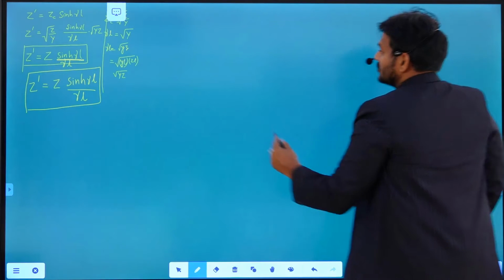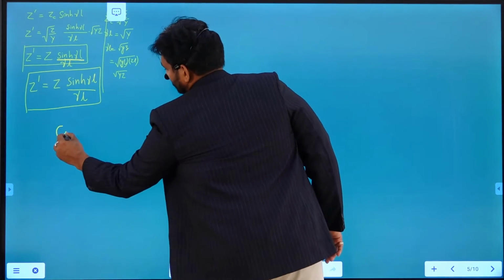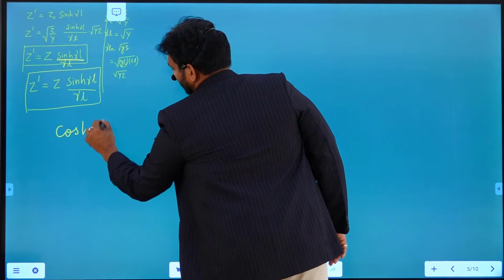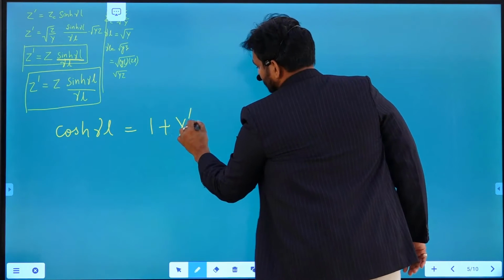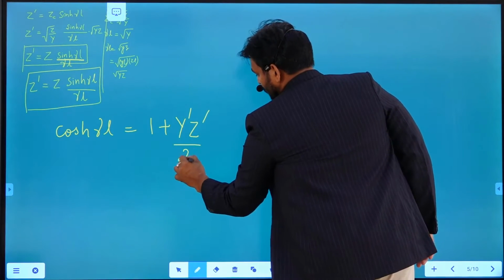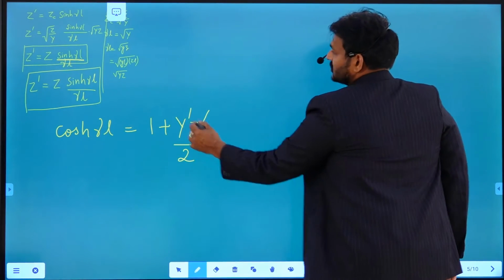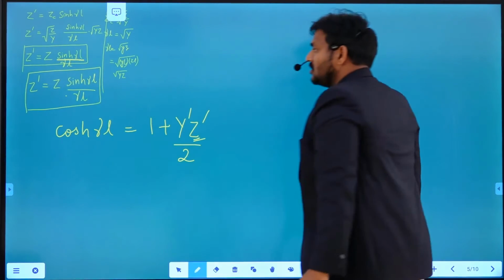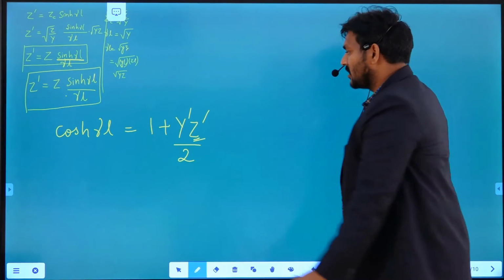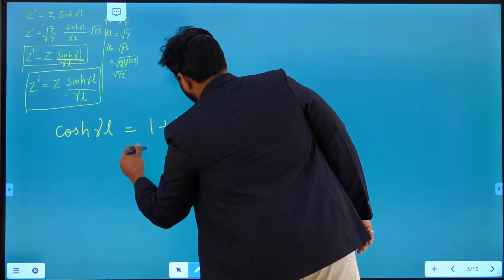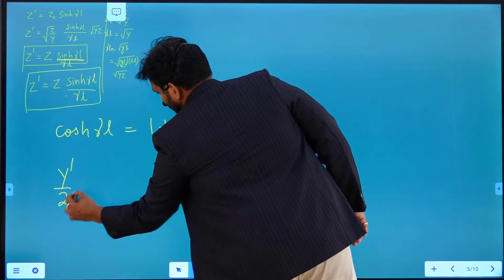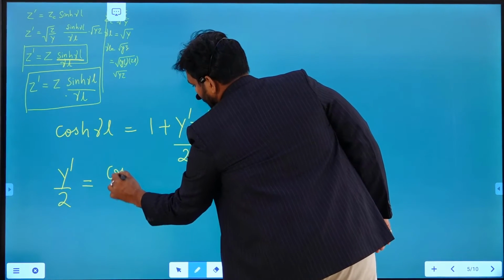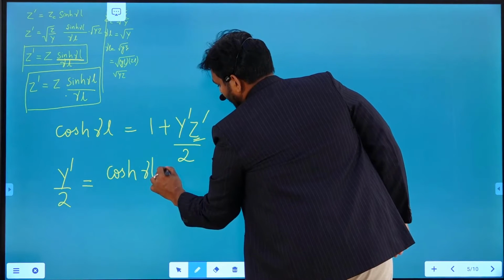Therefore cosh of gamma L is equal to 1 plus Y dash Z dash by 2. But what is Z dash? Z dash is Z into sinh of gamma L upon gamma L. Therefore you can write Y dash by 2 is equal to cosh of gamma L minus 1.